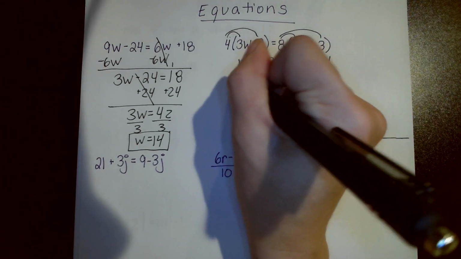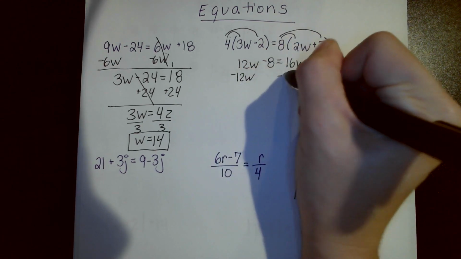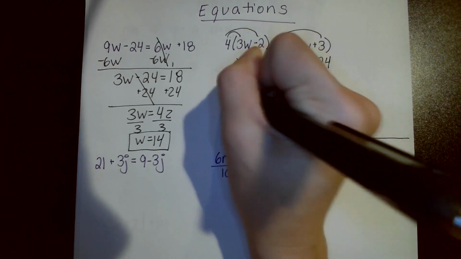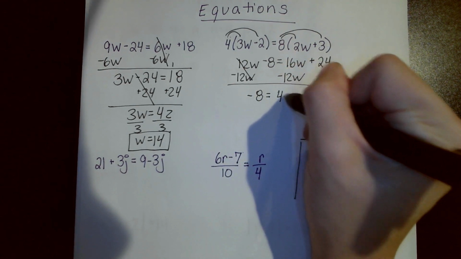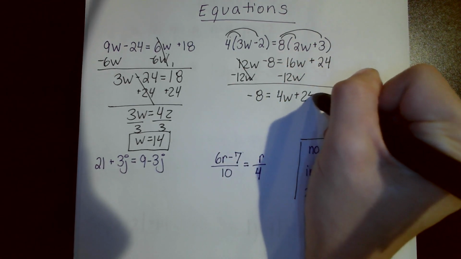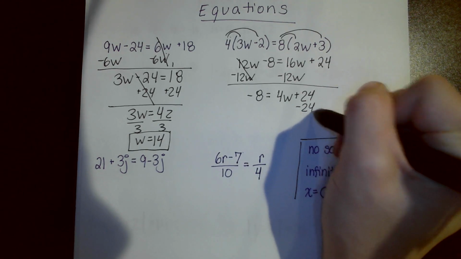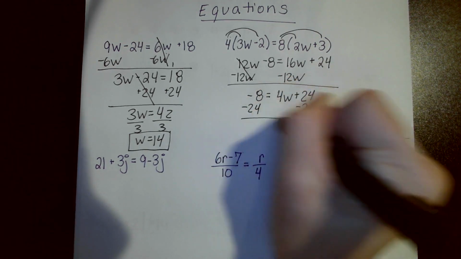This time I'm going to move 12w first. So I have negative 8 equals 4w plus 24. Subtract 24 from both sides.